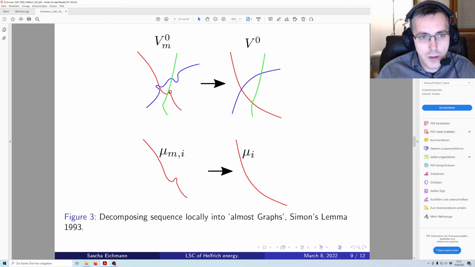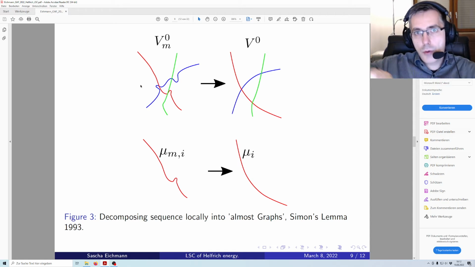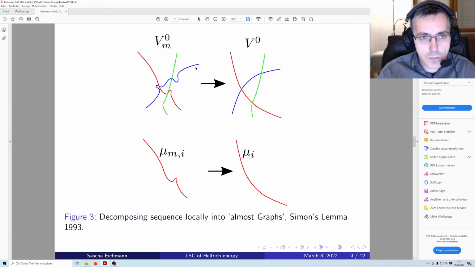So, for example, this little red bump over here, or this blue bump over here. But in the limit, they will stretch out. What I mean with that: this density 1 blue surface here will converge in a measure theoretic sense to this blue surface. This red one will converge to this red one. This green one will converge to this green one.